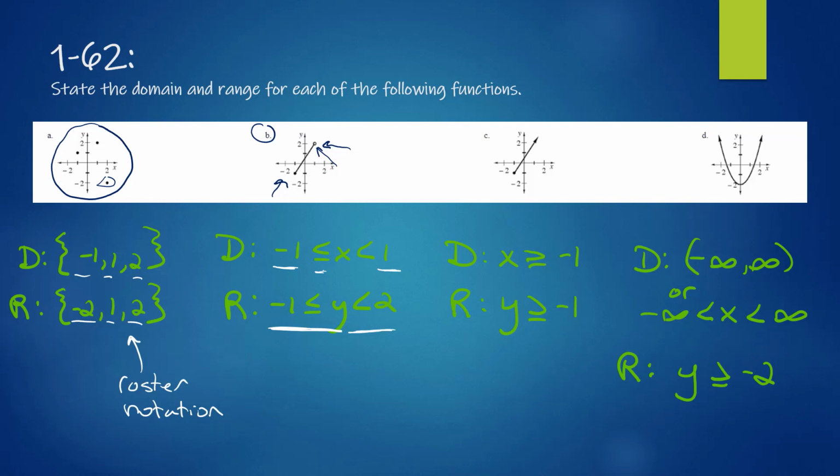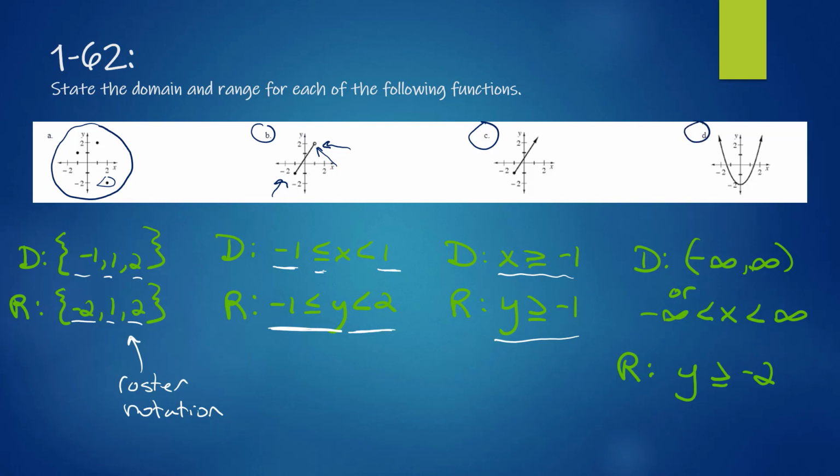Okay, part C, we are looking at a ray, and that means that the lowest value, again, is -1 for both domain and range, but it goes on into infinity for both. So x is greater than or equal to -1 is the domain, and y is greater than or equal to -1 is the range. On D, we have a parabola.